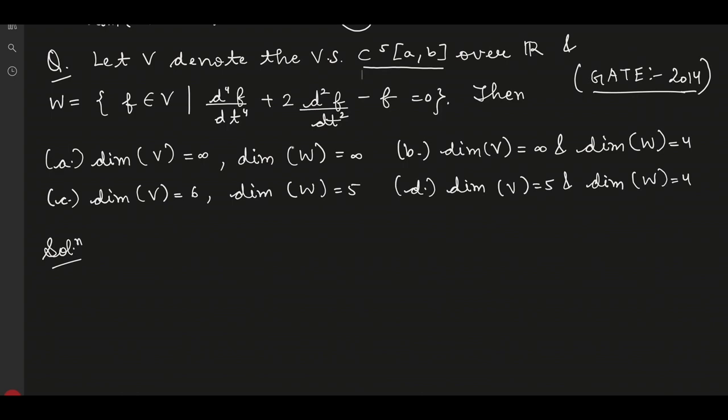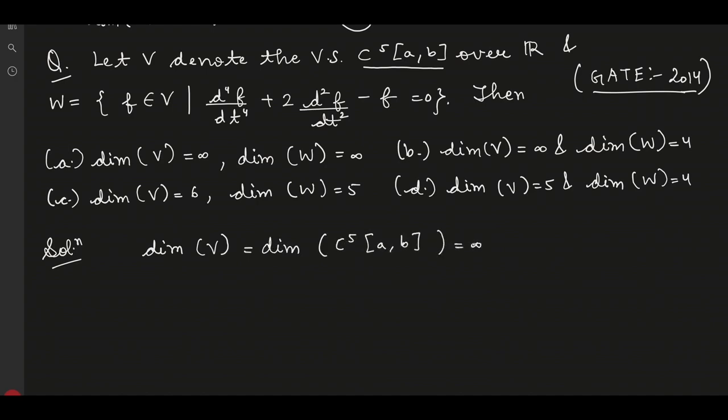So over R, its dimension can be taken as infinity because there are so many continuous functions over R, an infinite number. The dimension of C5[a,b] will be infinity.